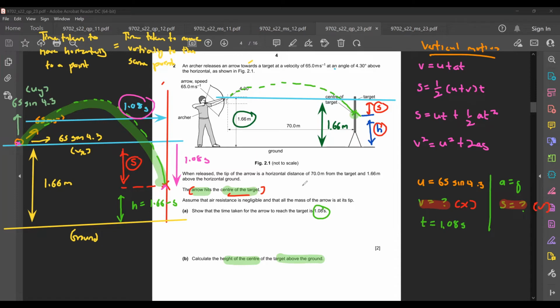So here, v is not what I want. I will disregard any of the kinematics equations with v inside. That means the first equation is out, the second equation is out, and the fourth equation is out. That leaves me with only the third equation, s equals ut plus half at squared. I would need to use this to find my displacement.